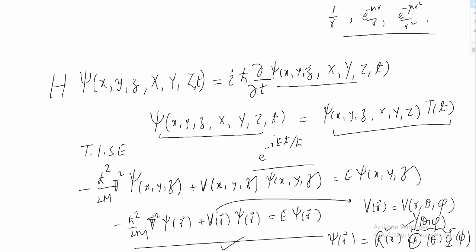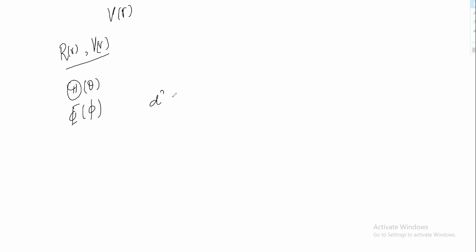Why? Because when we talk about V as a function of r only, then we have only an equation in r which contains V(r), while Theta is a function of the zenith angle, and Phi is a function of the azimuthal angle.